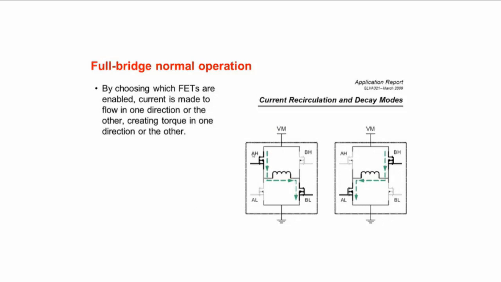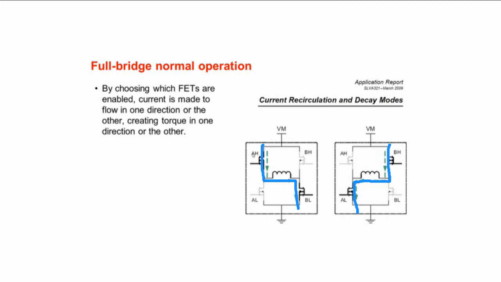This operation is very critical. It seems easy, but it's the main philosophy of motor control techniques. We can call this forward. Might be up, might be down, might be open, might be closed.